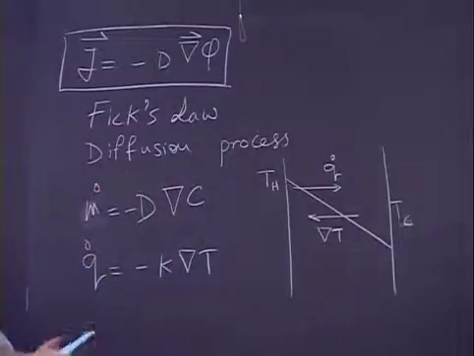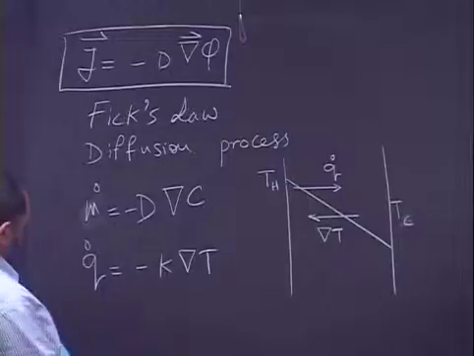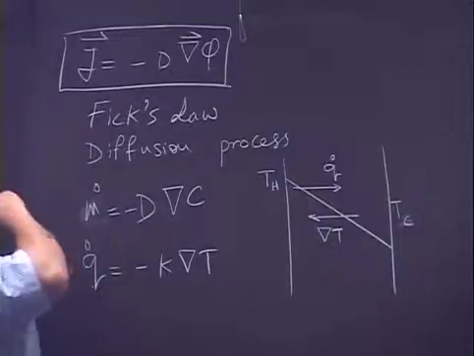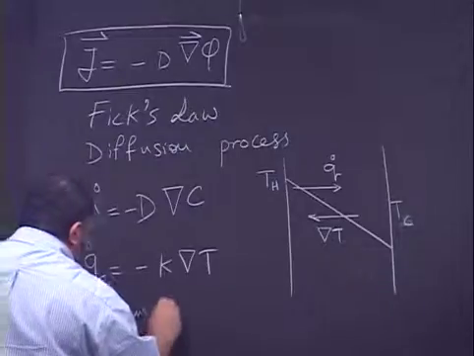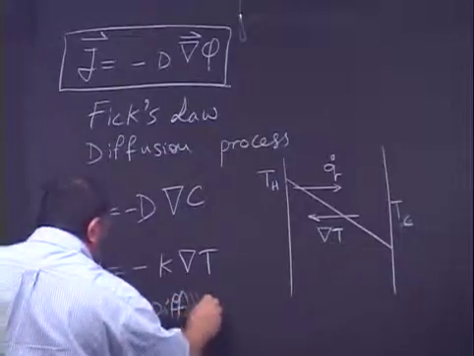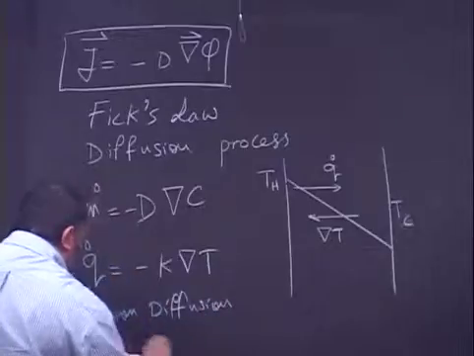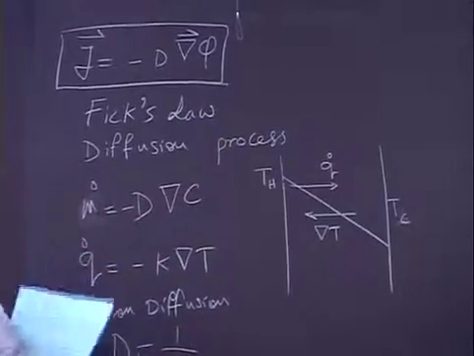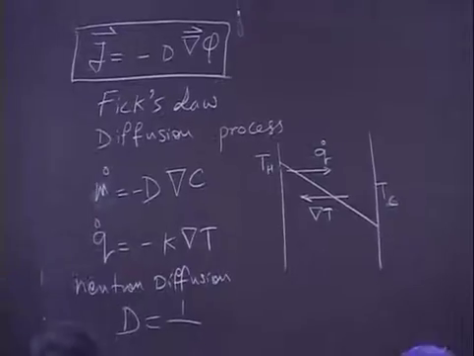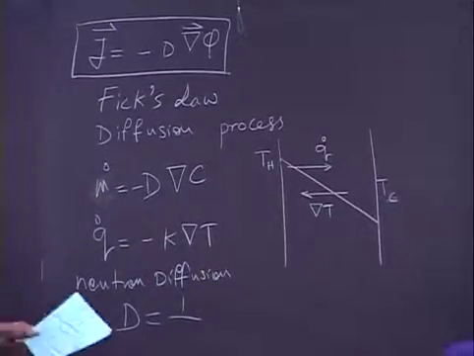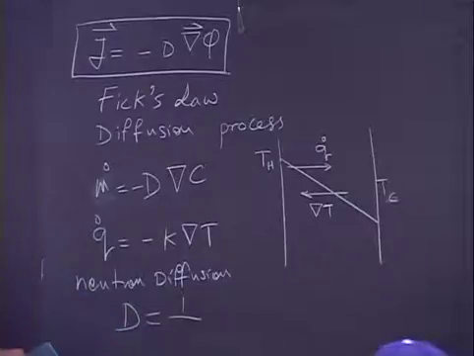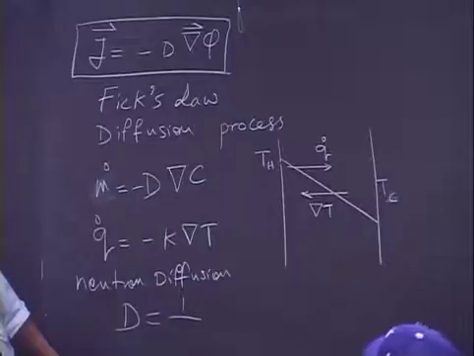Again, the diffusion coefficient that we just stated for neutron diffusion is D equal to 1 over 3 sigma scattering, as we just described here and in the last lecture. But there are lots of assumptions, and in order to do the right thing, you have to do transport analysis for the neutron transport.